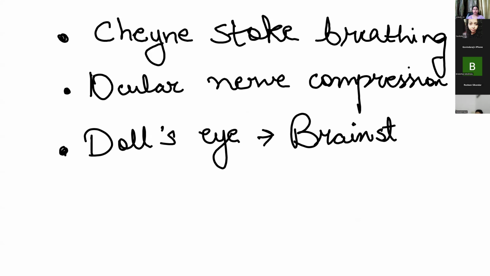First is Kussmaul or stroke breathing. Second is ocular nerve compression. Then is doll's eye. Doll's eye is because the brain stem is affected.